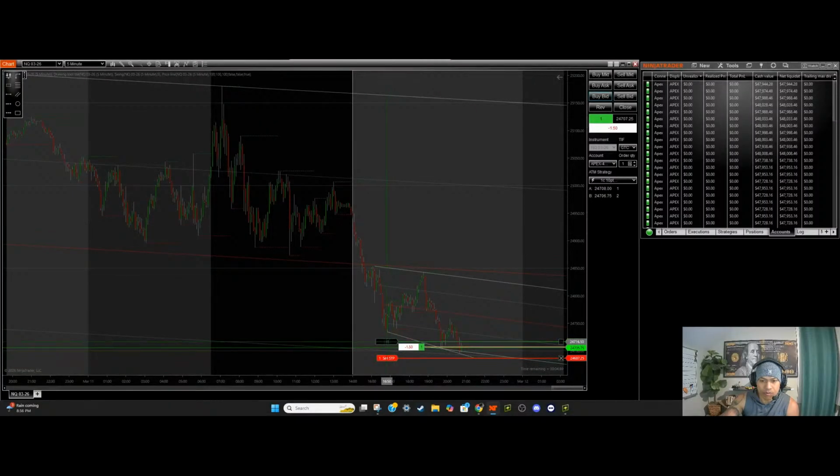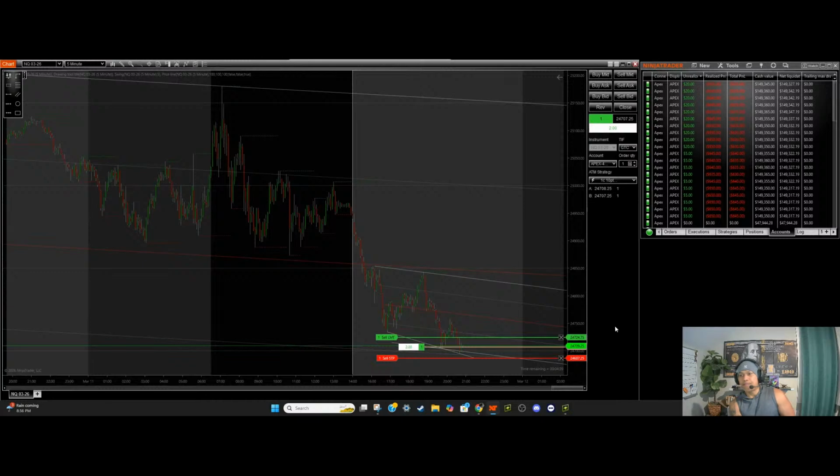Okay, we're looking for a 10 point move up. Let's go with 25, a little higher. Let's scalp. Since we couldn't get a full range move earlier, we were literally in profit for like $5,400.